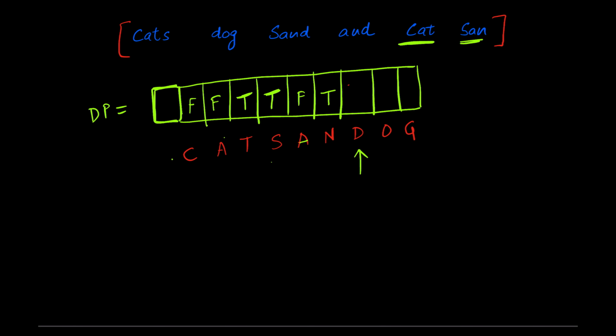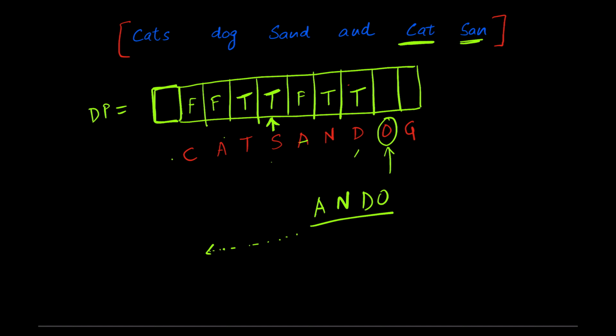Moving on to the next character, which is D. D does not exist. The combination of N and D also doesn't exist, but A and D does. Similar to the previous approach, we'll look up the character right before A, if its corresponding value in DP is true. As the value for S as the last character is true in the DP array, I can place true for D as well. Moving on to the next character, which is O. O doesn't exist.